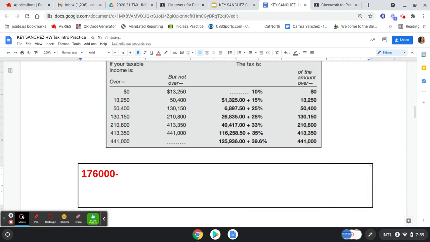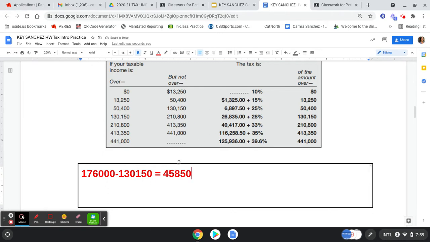We're going to subtract the minimum of 130,150 from that row. Let's see what we get. 176,000 minus 130,150 is 45,850.